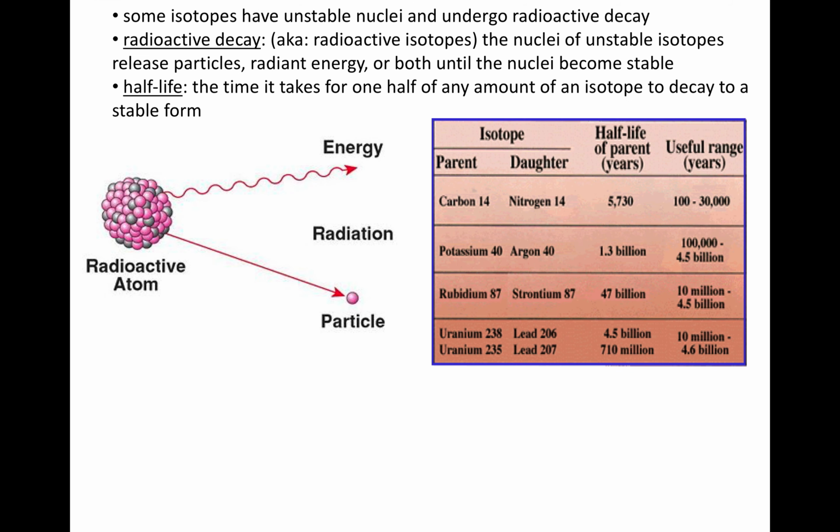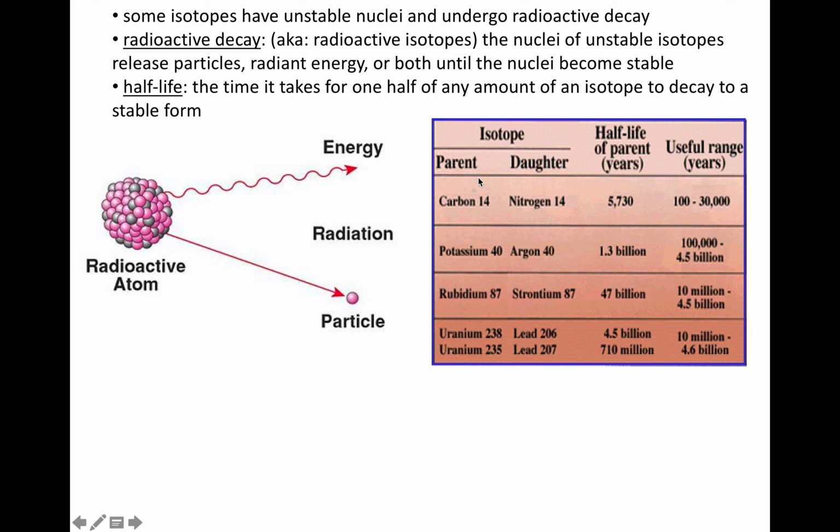Okay. I mentioned to you already that carbon-14 and hydrogen-3 are basically radioactive. They are unstable. Their nucleus is unstable. What does that mean? It means that they break down over time. We use the term half-life to describe how long it takes to have half of a substance.